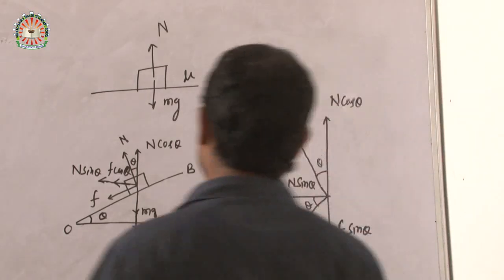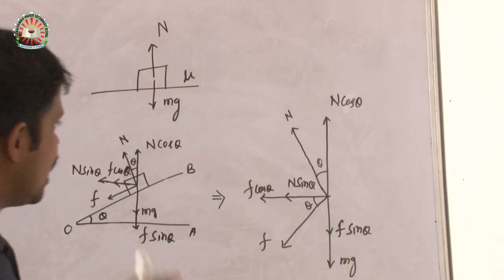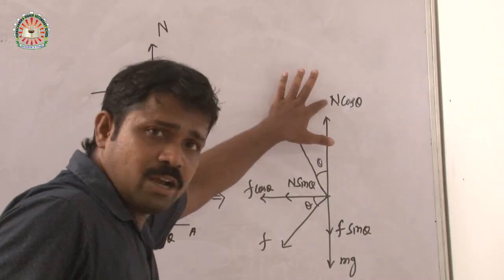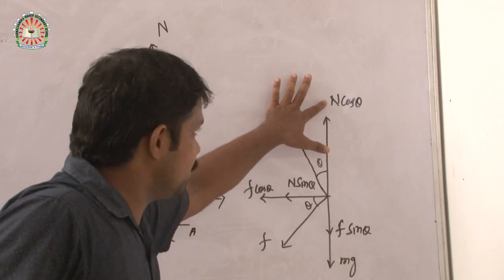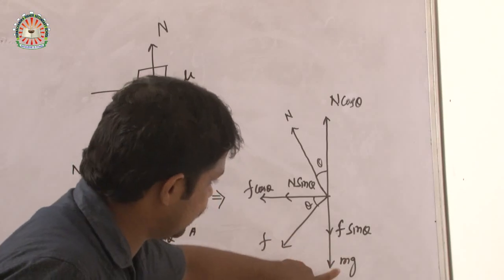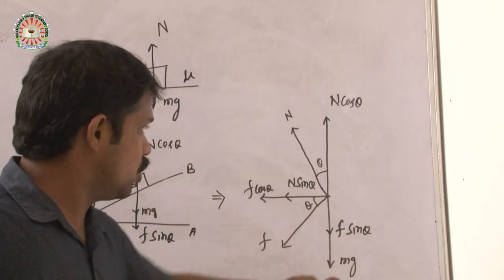That means, in a simple sentence, look very carefully: n cos theta is balanced by f sin theta plus mg. Clear all of you?